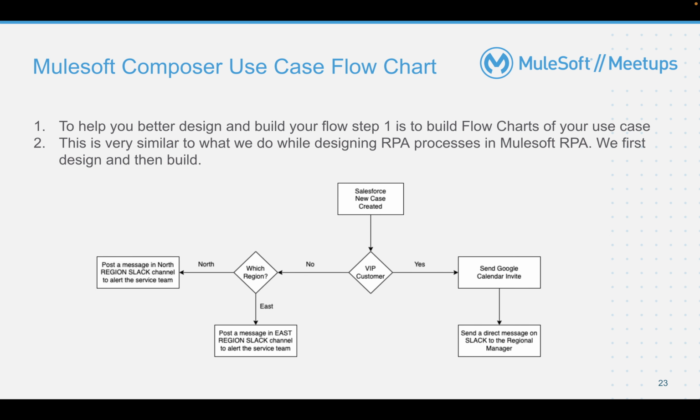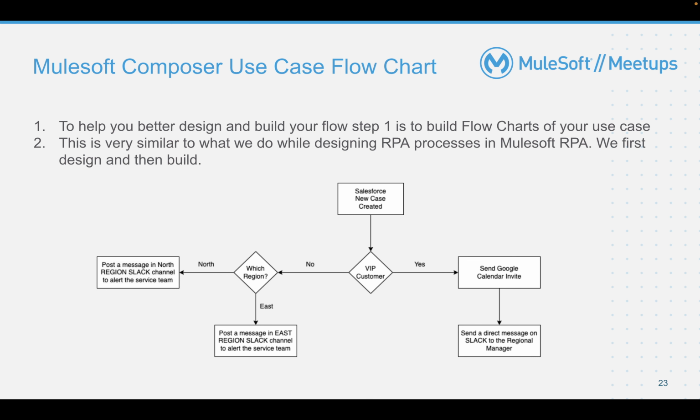If it's the North region, then I'll post a message in my North region Slack channel to alert the service team. Similarly for my East service team: if the case belongs to a customer in the East team, then I would alert my East service team about this newly created case record.